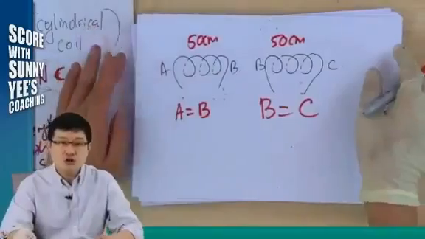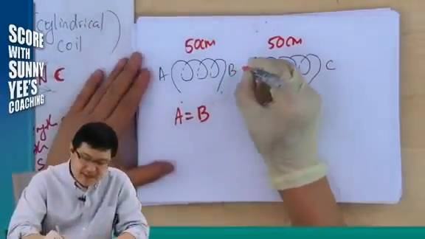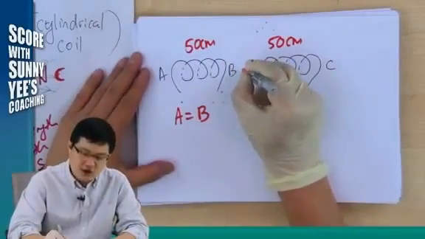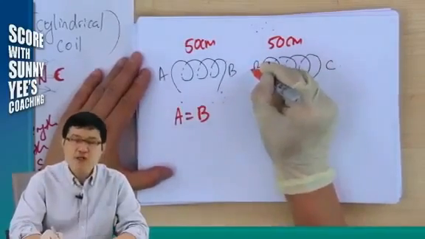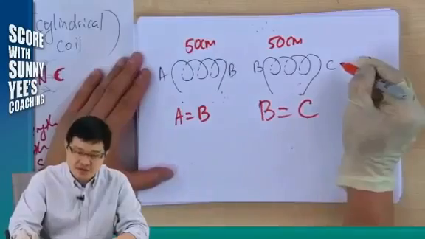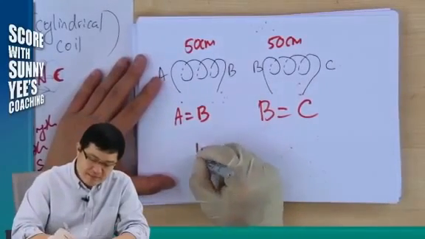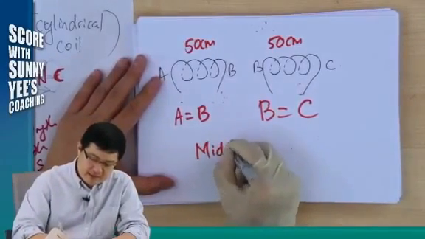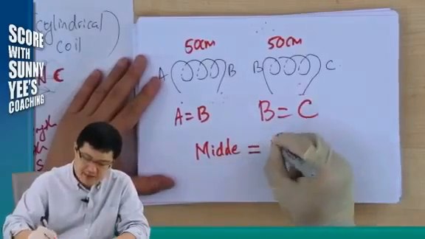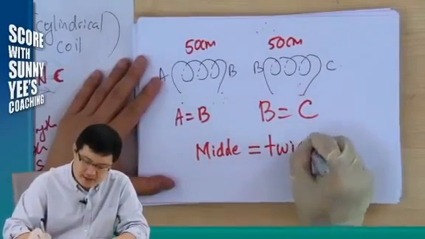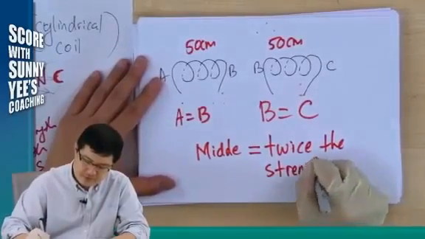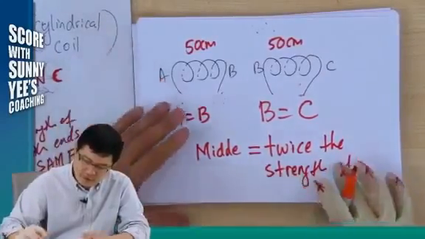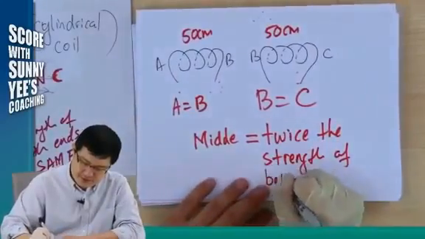So what is the conclusion? In the center of the solenoid, it has the strength of A. In the center of the solenoid, it has the strength of C. So in other words, the middle part has twice the strength of both ends.